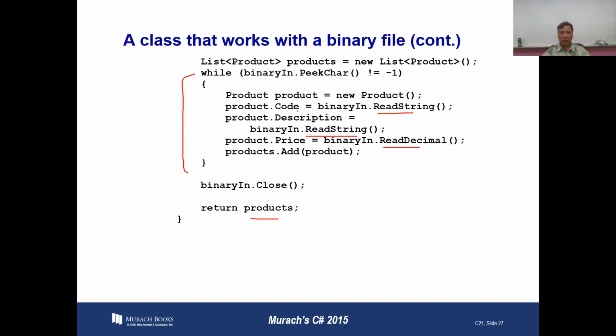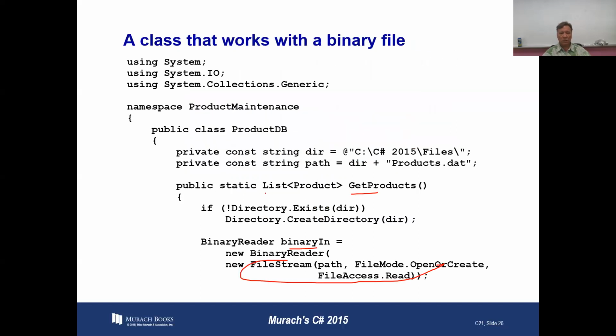And we are assigning these values to the properties of this product object, which we just created here. Once it's all filled up with code, description, and price, we add it to our list of products. When we're all done with this while loop, we close the stream and return the products, because this returns a list of products.